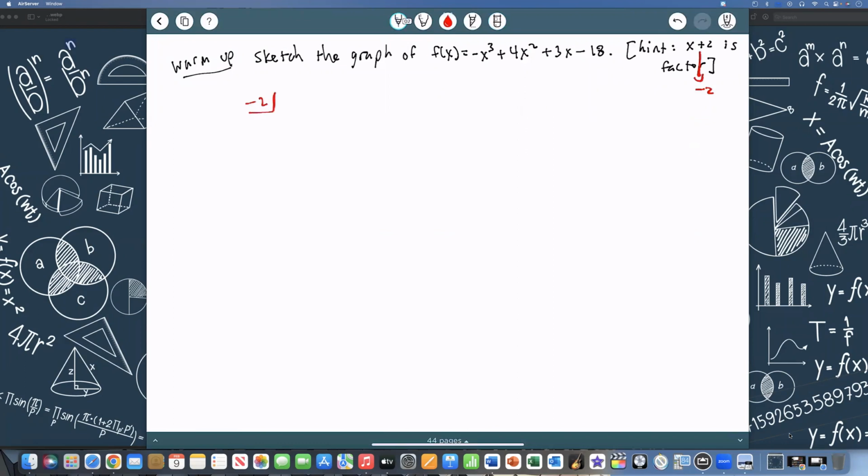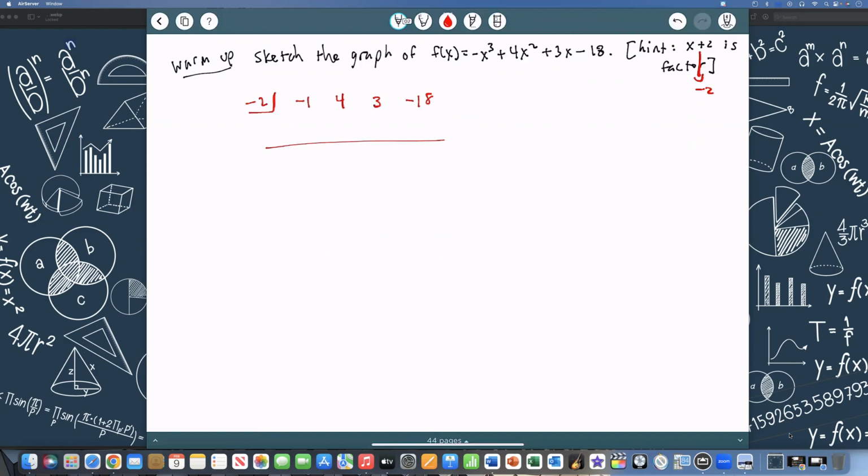So I could use that to break my polynomial down. Okay, so just to save some time, if not, just check the possible rational roots with the synthetic division. If I look at my coefficients here, we have a -1 leading coefficient, a 4 in front of the quadratic term, 3 in front of the linear, and a -18 as the constant.